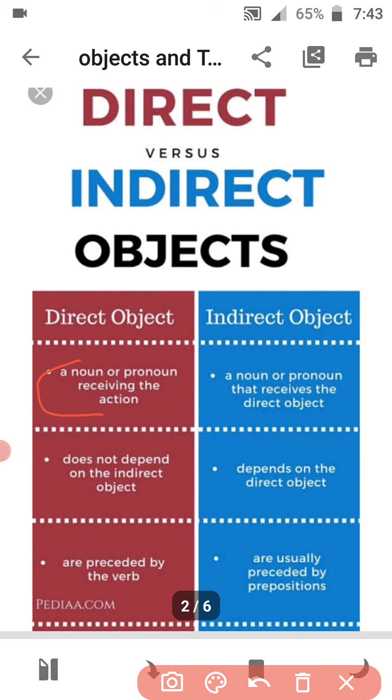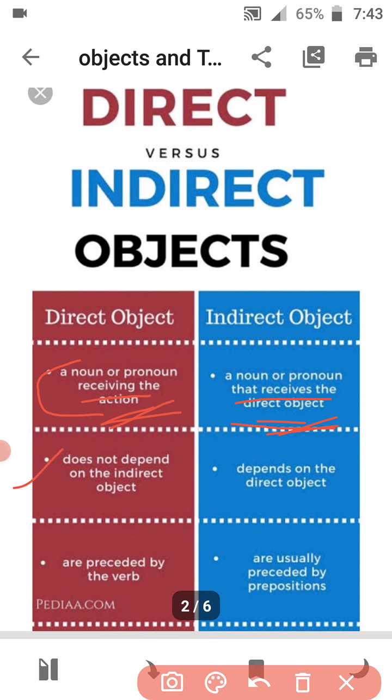In the indirect object, a noun or a pronoun receives the direct object. See the difference here. It is done directly on the action, but over here it reflects on the direct object. Okay.